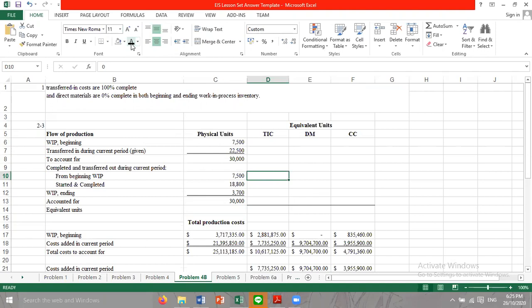So for transferred cost, it's 7,500 times 100%, times 100%, but in this case, it's zero. Why is it zero? Because it's 7,500 times 100% minus degree of completion.